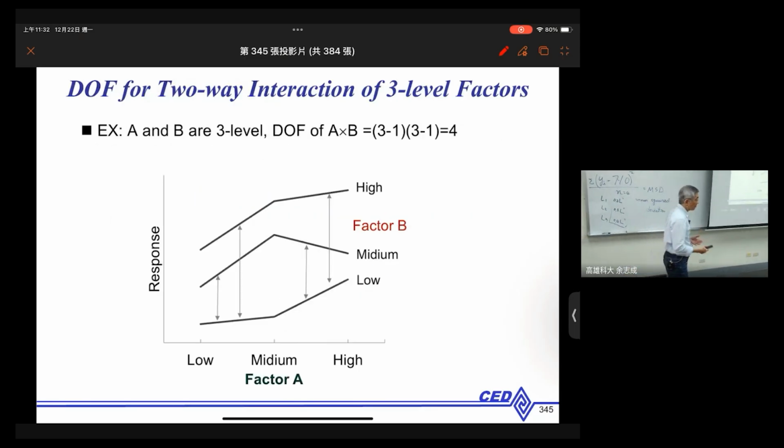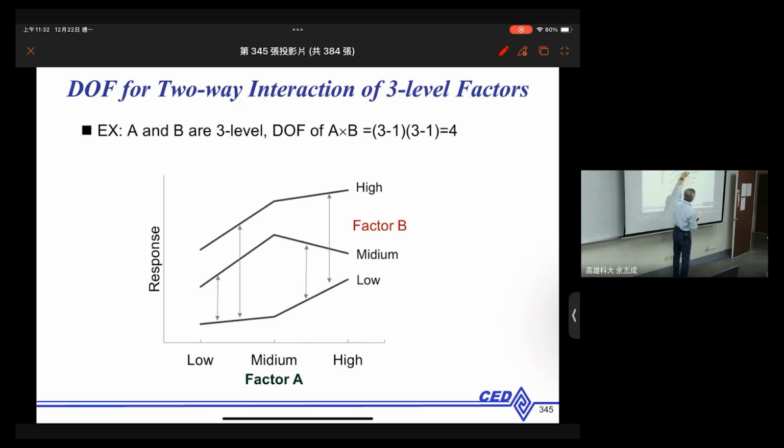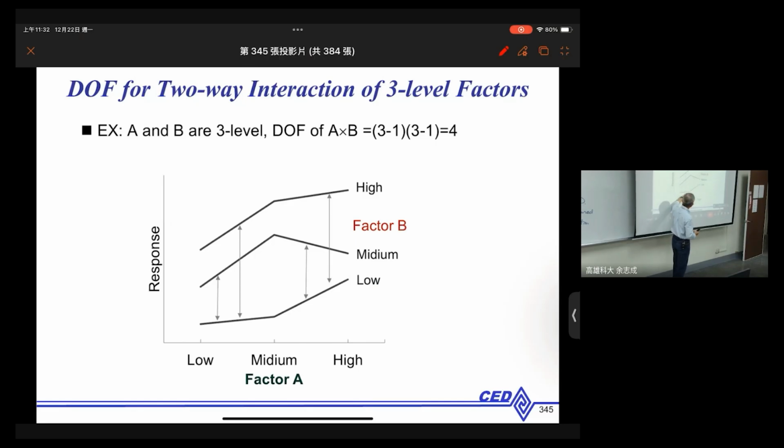How about 3 levels? We talked about that before. We can treat this 3-level interaction plot as 2 parts. There are 1, 2, 3, 4, 5, 6 line segments. So we can determine whether, between the low level and the middle level, they are parallel or not. We need to make 2 comparisons. Comparison 1, comparison 2.